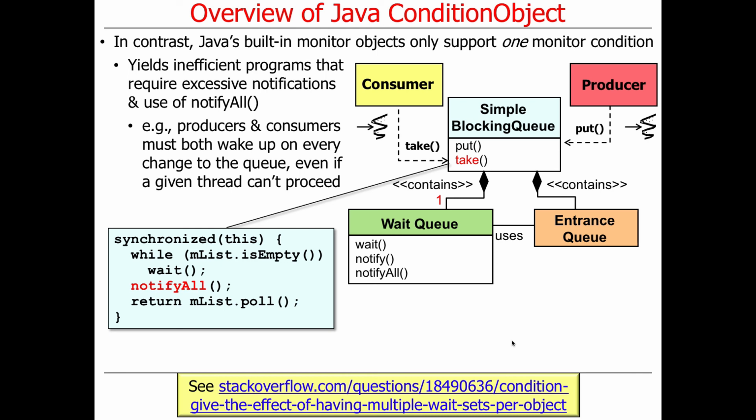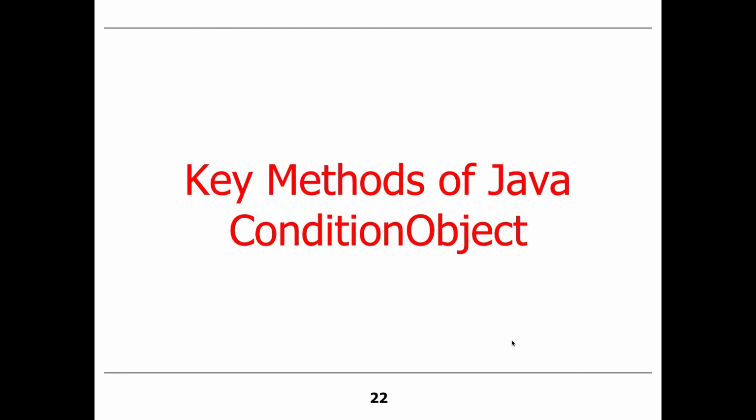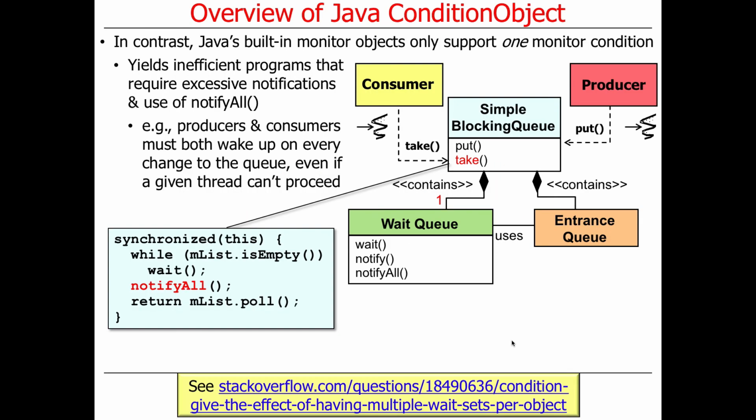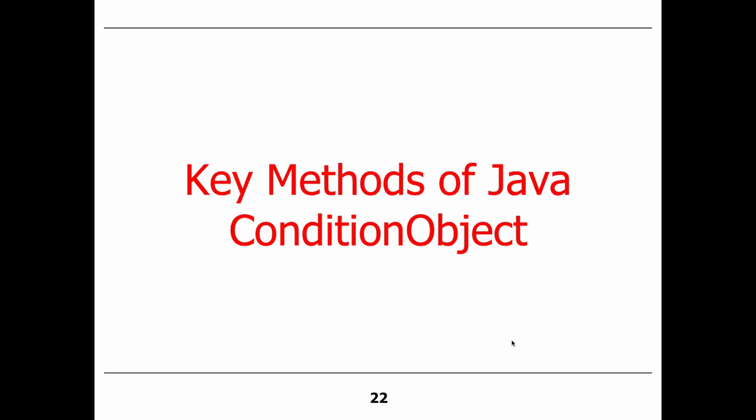And that's inefficient and bizarre. So the good news is, by using condition objects instead of the one and only intrinsic condition variable, what's sometimes called the monitor condition in a built-in monitor object, we get a lot more flexibility. And this will become clear a little bit later.